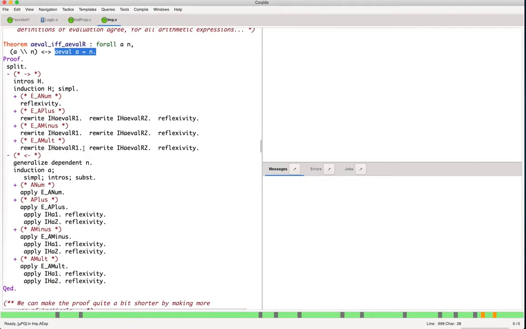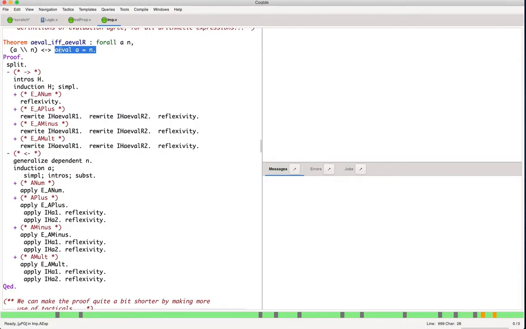So this proof, I won't go through in detail, but it is just using things that we have seen before lots of times, casing out the forward direction and the backwards direction, and then casing out the different kinds of things.